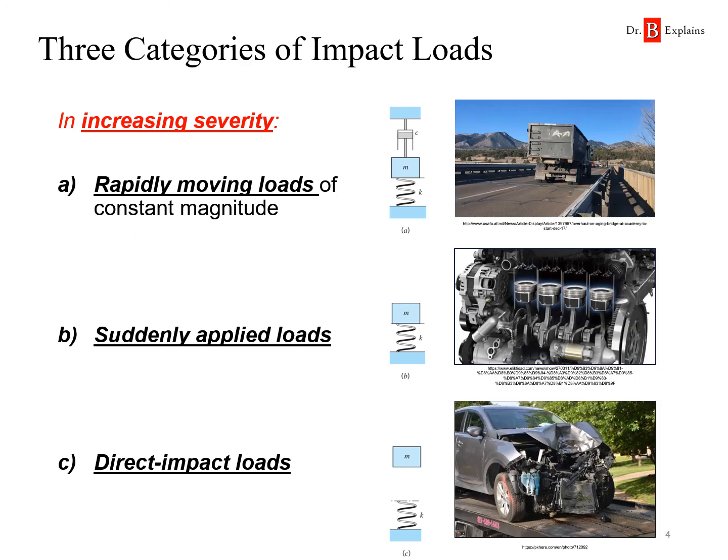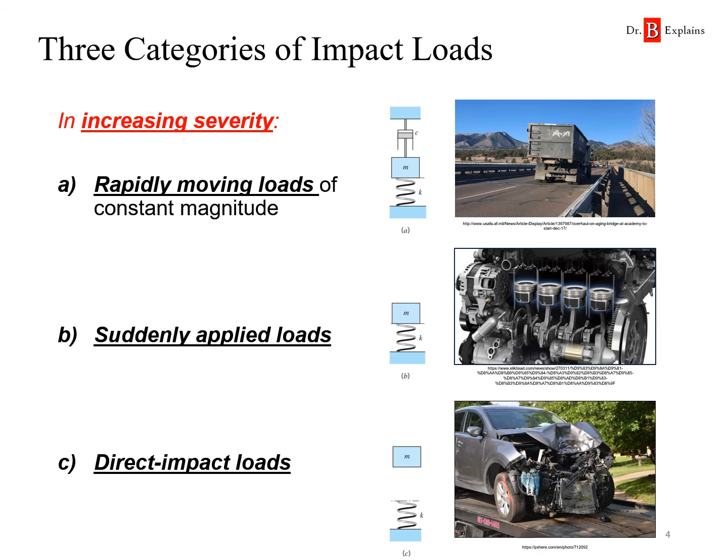So we've got the names and the mechanical analogs. Some examples, again in increasing severity, start with the lowest severity one, the rapidly moving load. This is equivalent to being on a bridge, maybe crossing over to Mexico or to South Padre Island, and coming towards you on the other side there's a big semi, and as it rolls by, you feel the bridge swaying or moving up and down.